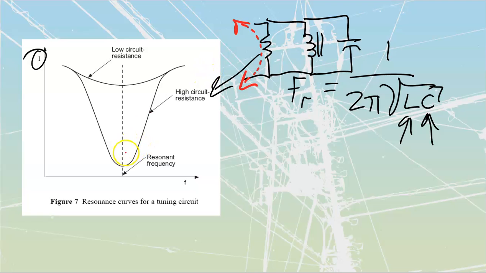As soon as I move away from resonance, either upscale or downscale, I'm going to start to allow current to pass through these. Instead of these two passing current back and forth, which is what's happening at resonance, now I would start to take current in from the supply to feed those, which is why my current starts to rise as I move away from resonance in either direction.